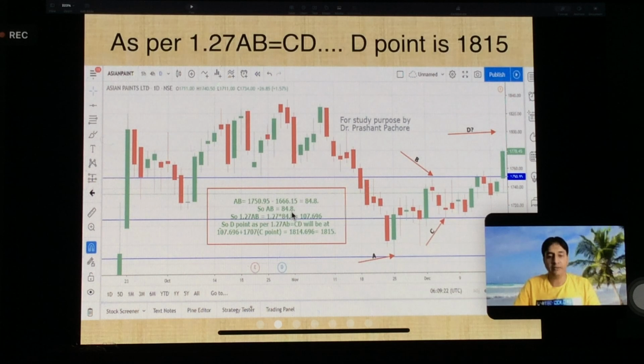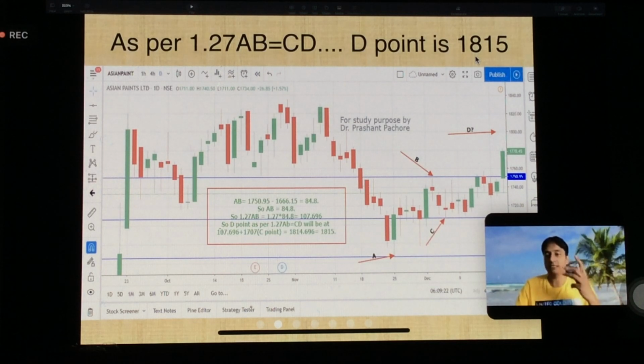So AB is 84 and I multiplied those 84 points by 1.27. So I have got 107. This is my C point, 1707, and to that I have added 107. So it's coming at 1815.